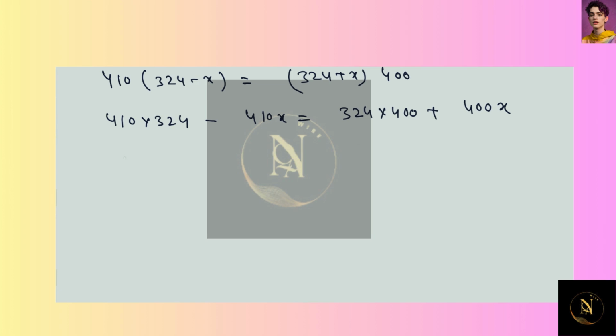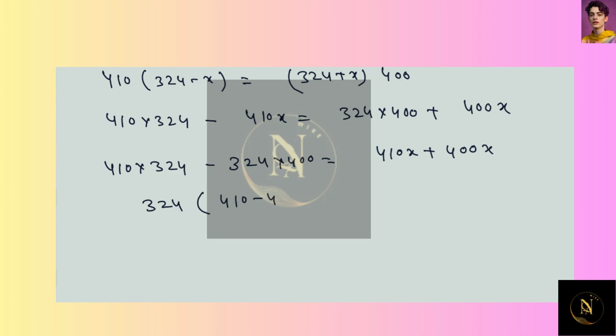Keeping the variable on one side and the constants on the other, 324 multiplied by 410 minus 324 multiplied by 400 equals 410x plus 400x. Taking 324 common, 324 multiplied by the bracket 410 minus 400 equals 810x. So 10 multiplied by 324, that is 3240, equals 810x.